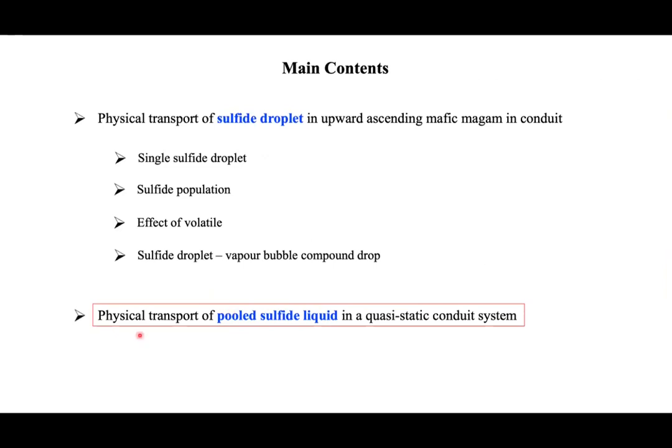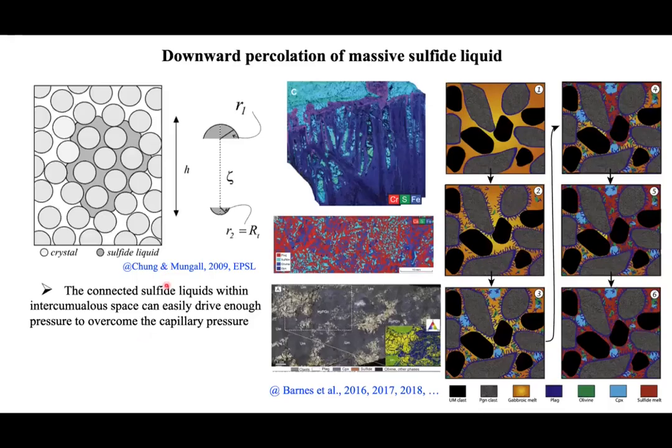Finally, I think we should talk about the physical transport of the ponded sulfide liquid in a static system. This is also a James paper. I was just thinking about that. If the connected sulfide liquid in intercumulus space has a high overpressure from the magma, this high pressure can easily overcome the capillary pressure of this interface.